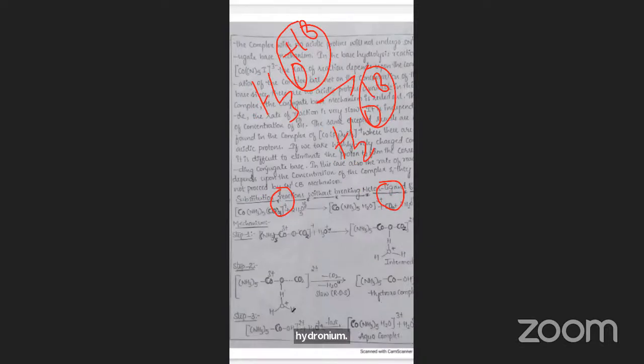So in that, the hydronium ion attacks one of the oxygens. That oxygen is bound with the metal. ఈ hydronium ion ఎక్కడ బైండ్ అయింది? మెటల్ పక్కన ఉన్న ఆక్సిజన్ ఉంది కదా, ఆ ఆక్సిజన్ తో బైండ్ అయింది.